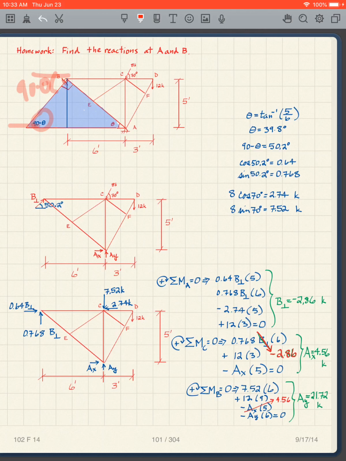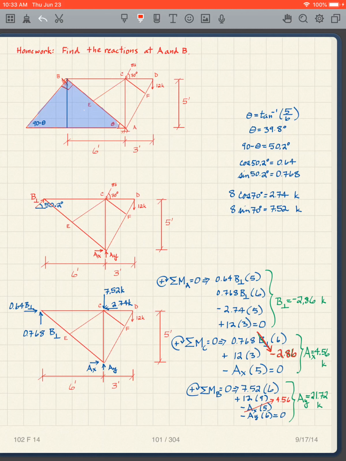So how can I get this angle theta? Well, we can make another triangle here which looks like that, and I know that the tangent of theta is this distance over this distance.